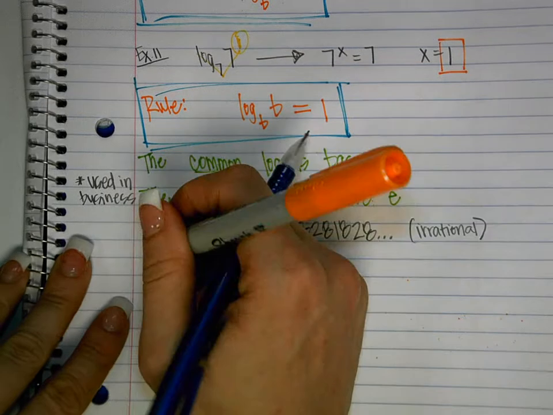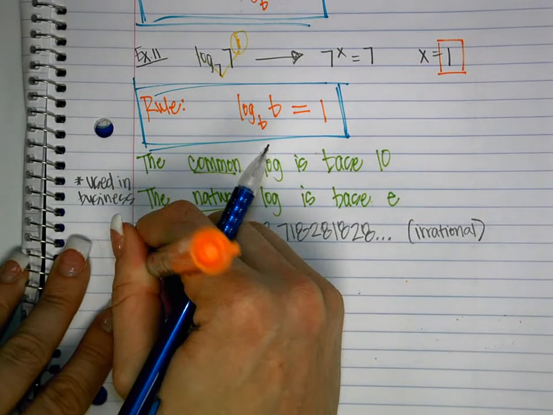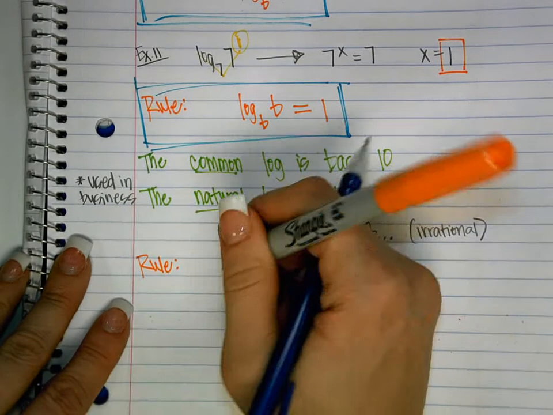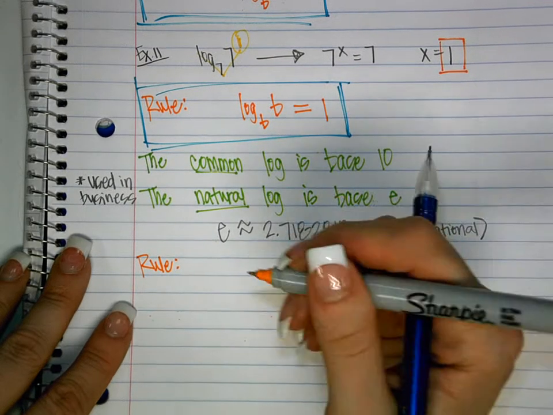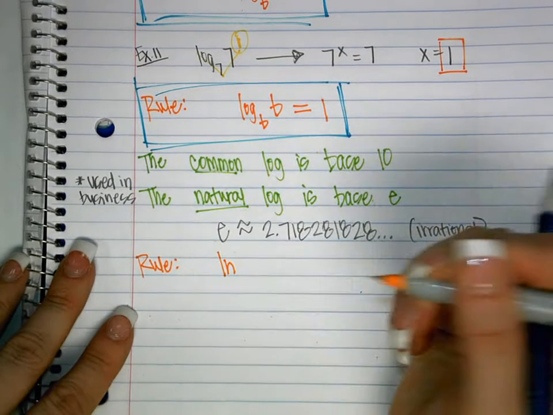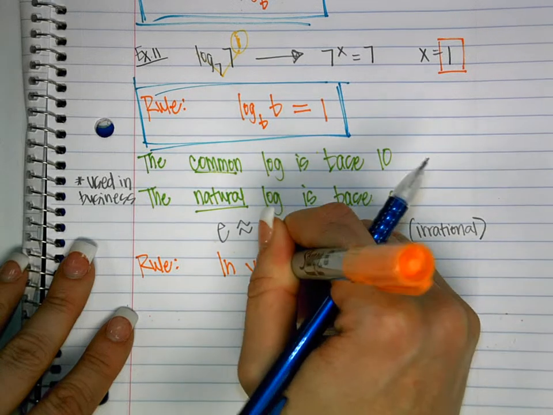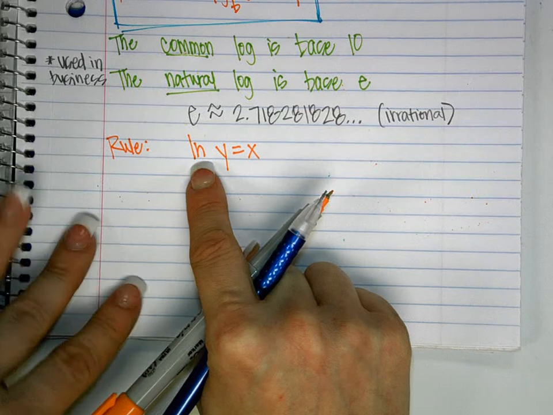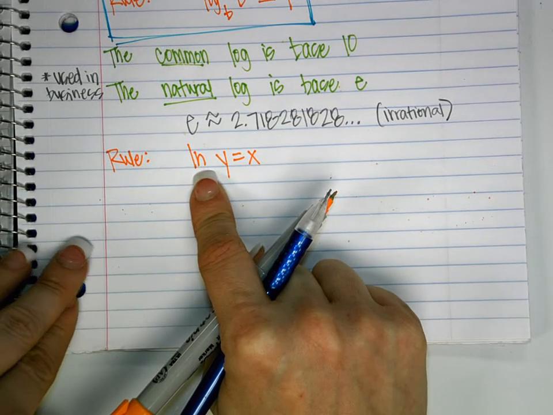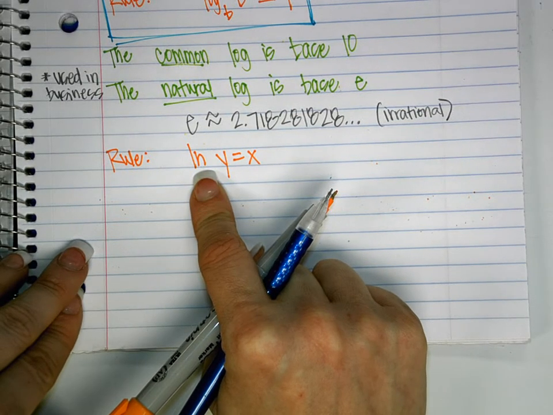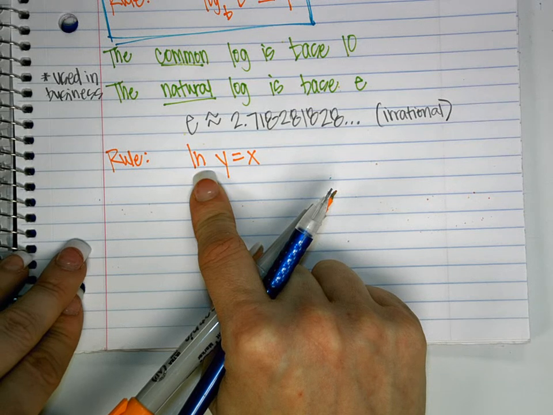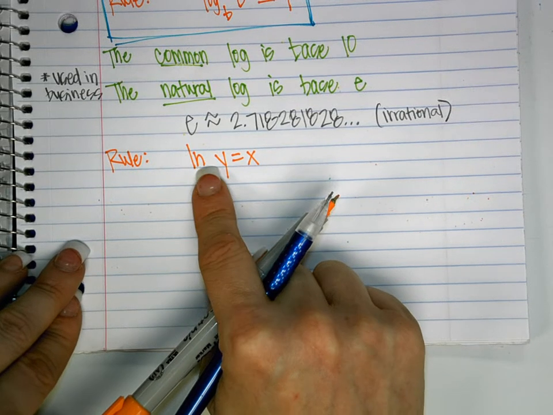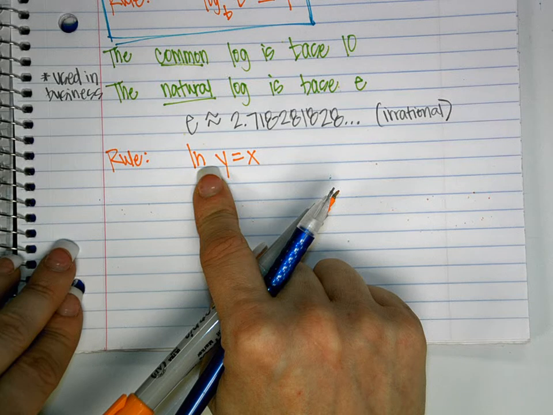There's another thing that you're going to have to learn. Anytime we have a natural log, it's written as ln, okay? ln of y equals x. If you have ln, that stands for natural log. Someone in here asked me if you could just put L for log. You cannot do that because there's another log. ln stands for natural log.